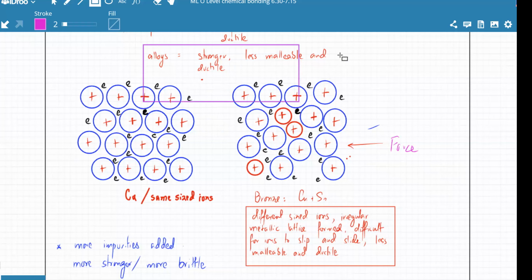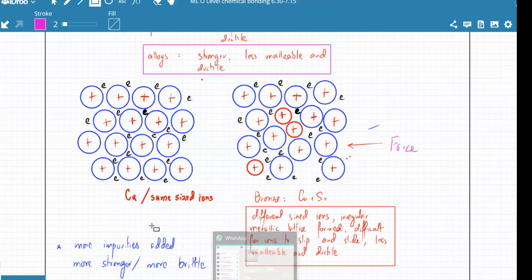This is the major difference between the properties. All the properties are the same except for this one, that alloys are stronger. And the more impurities added, the stronger it's going to become, and less flexible, so that it would become brittle.